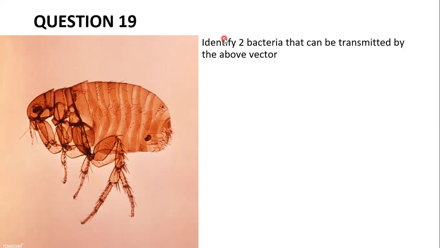I think it looks like a flea. Yes, it's a flea. So what is transmitted by a flea bite? We have done one. Yersinia pestis. Yes. Another one? Rickettsia typhi. Is there another one?